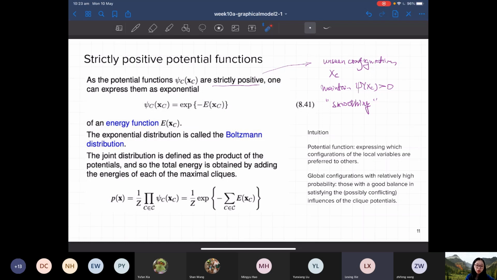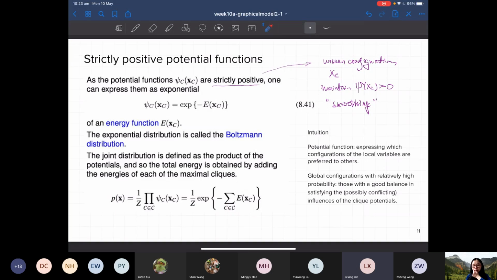If we're doing image segmentation, then there is no physical energy involved, but the analogy is still quite pertinent, right? The p of x as a product of these potential functions can be written as 1 over Z times the exponential of the negative sum of these energy functions.